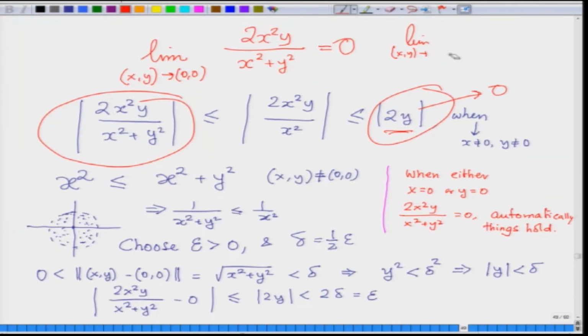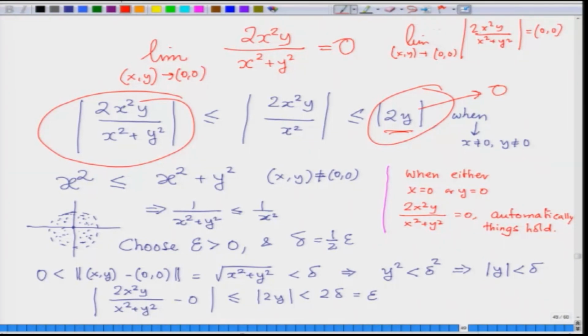And so the limit, as (x, y) goes to (0, 0), of the norm of 2x square y by x square plus y square would go to 0. A very important result about limits, a trick that you should always learn, is that if the mod itself is a continuous function, then the limit and the mod can be interchanged.